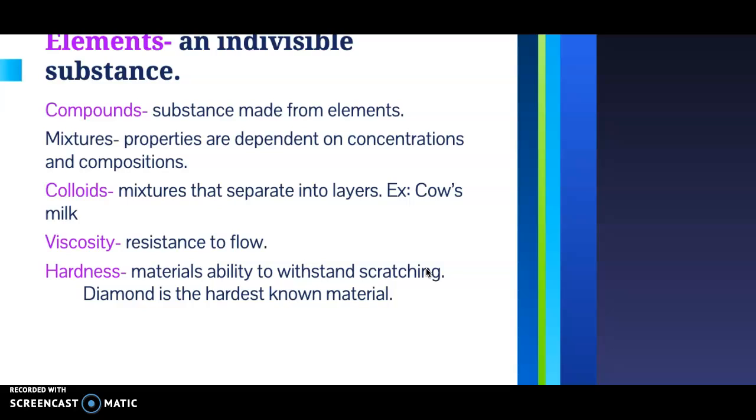Sometimes it's hard to extract the specific element. And some other terms to use to describe these are viscosity, hardness. The hardest known element is diamond, which is made of carbon, and it's been exposed to lots of heat and pressure, different from a lot of natural forming carbon.